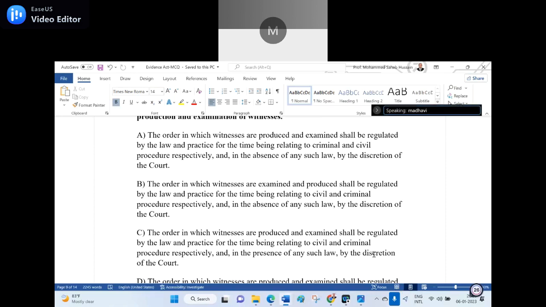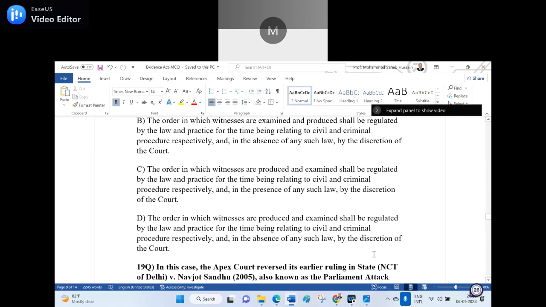A. The order in which the witnesses are produced and examined shall be regulated by the law and practice for the time being relating to the criminal and civil procedure respectively, and in the absence of any such law by the discretion of the court. B. The order in which the witnesses are examined and produced shall be regulated by the law and practice for the time being relating to the civil and criminal procedure respectively, and in the absence of any such law by the discretion of the court.